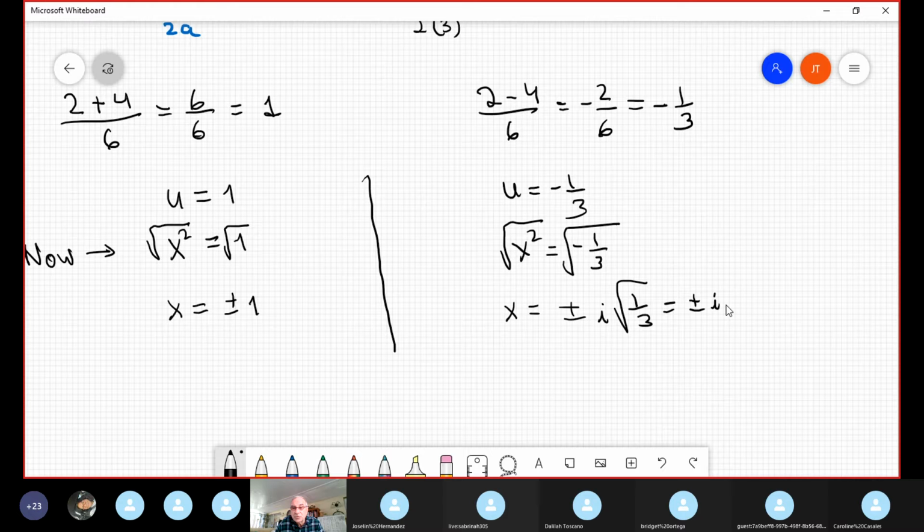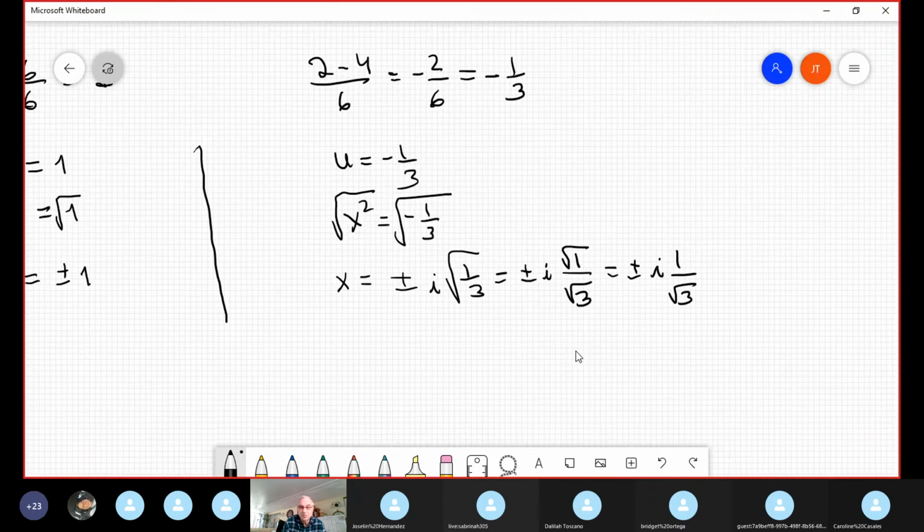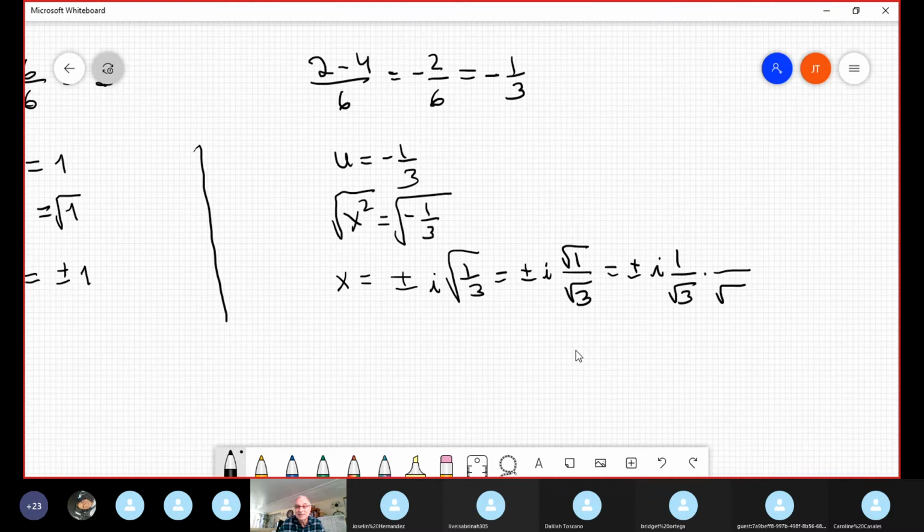Entonces, when it's a fraction, it's the square root of the top over the square root of the bottom. But this is plus or minus i, but square root of 1 is 1, and square root of 3 is square root of 3. You can leave it like that. This is just the cosmetic part, and you can rationalize. This is classical in algebra, rationalization. Multiplication by radical 3, so x is equal to plus or minus i.